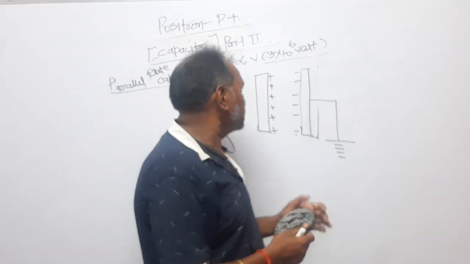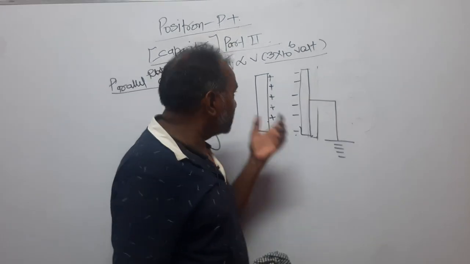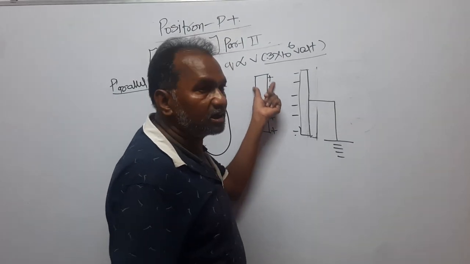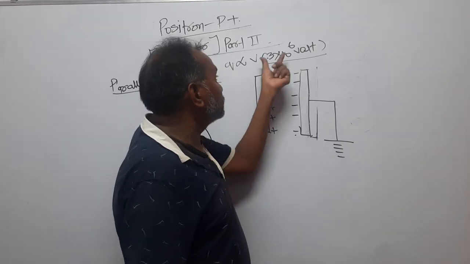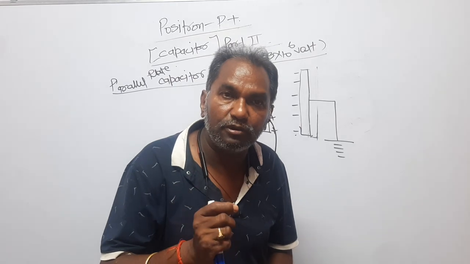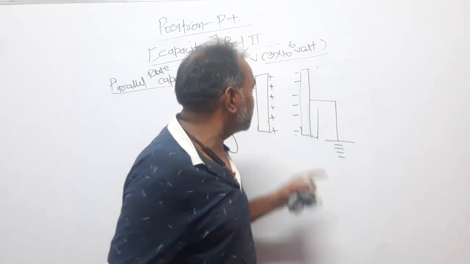As I have said, if you continuously increase the charge on it, it will come to a level of voltage called the breakdown voltage. Further, you cannot give charge to it.